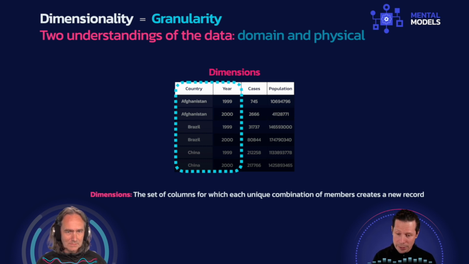And so in this particular data set, country and year would be the dimensions because those are the 2 columns for which each unique combination of their members gives us a new row. So I have a new record for each unique combination of country and year, whereas cases and population just don't give me a new record. Each time there's a unique combination of cases and population, I don't get a new record in this data set.